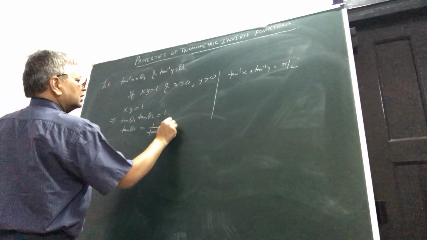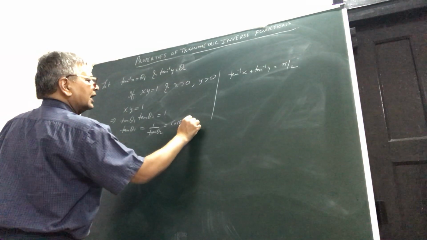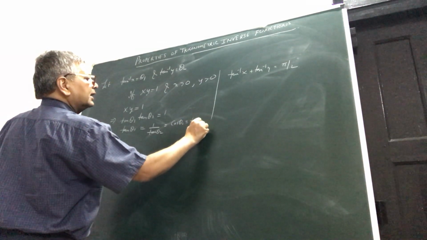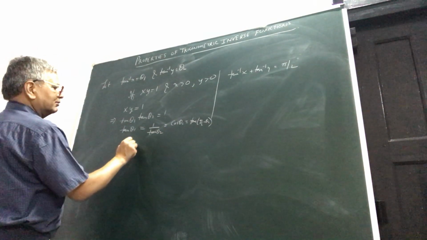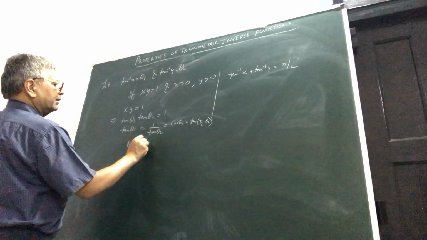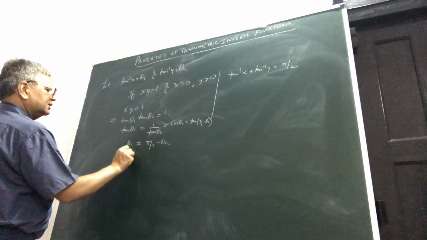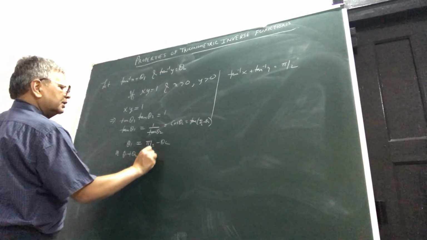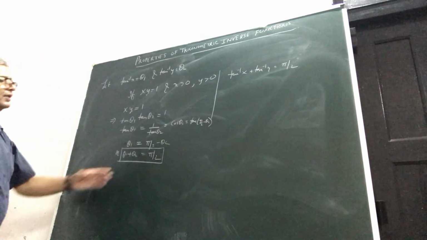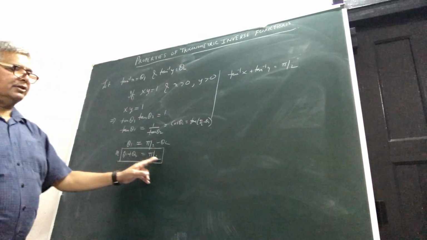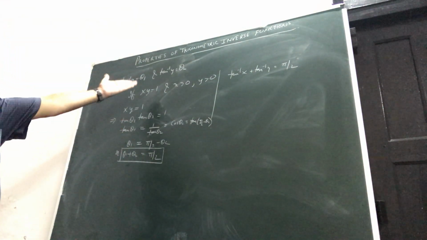So this is cot theta 2, which I will write again as tangent of (pi by 2 minus theta 2). So this implies that theta 1 is equal to pi by 2 minus theta 2, or theta 1 plus theta 2 is equal to pi by 2. So this is how our analysis gives us that the sum theta 1 plus theta 2 is nothing but pi by 2.